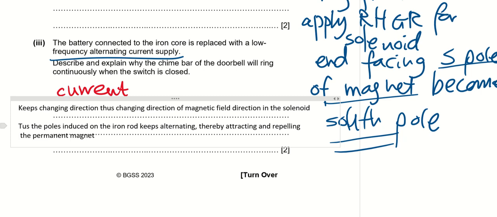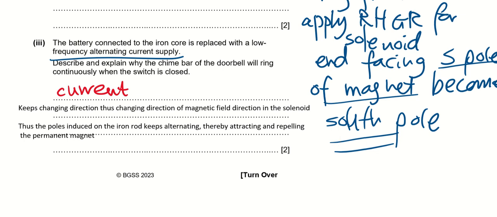First, it keeps changing the direction of the magnetic field in the solenoid. Therefore, the poles induced on the iron rod keep alternating, right? Thereby attracting and repelling the permanent magnet. So that's why it will keep hitting and not hitting the copper chime.